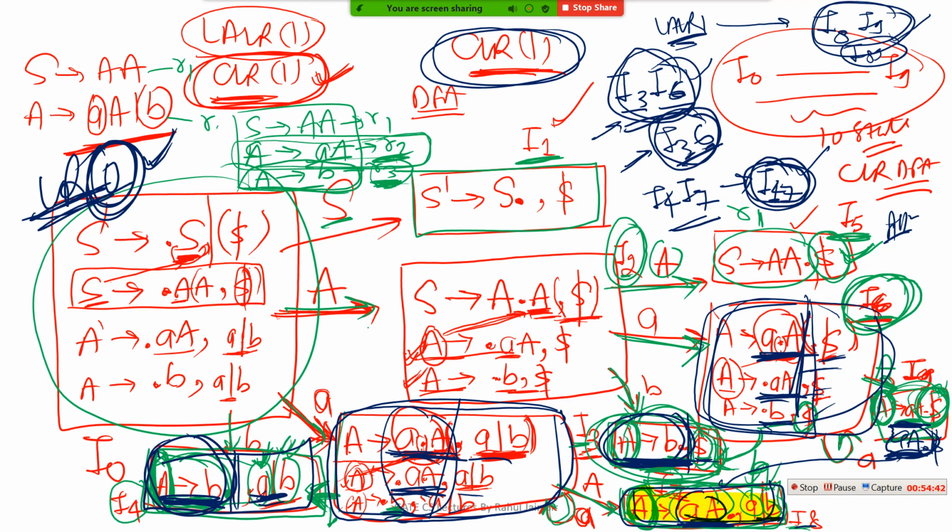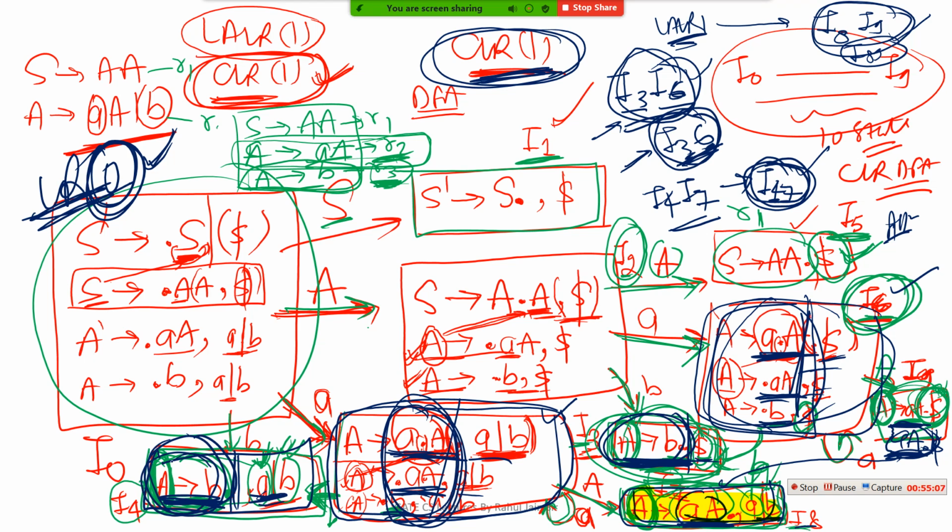Actually, the concept of LALR1 is that in the CLR1 DFA, whichever states have all LR0 items the same, just merge them. If you observe the DFA which you have constructed in your notebook or on the screen, you can observe that in I3 and I6 all LR0 items are the same, so I have merged I3 with I6.